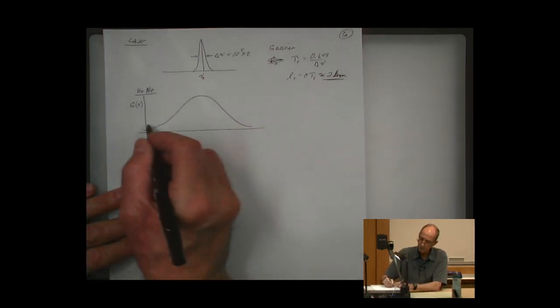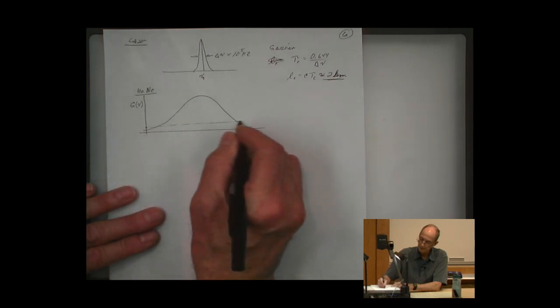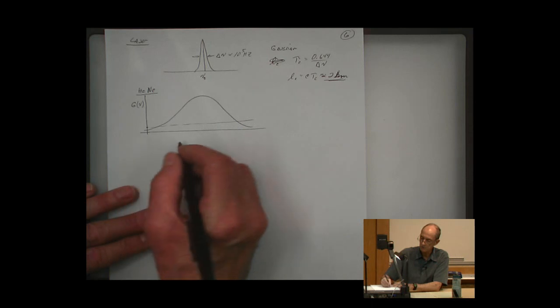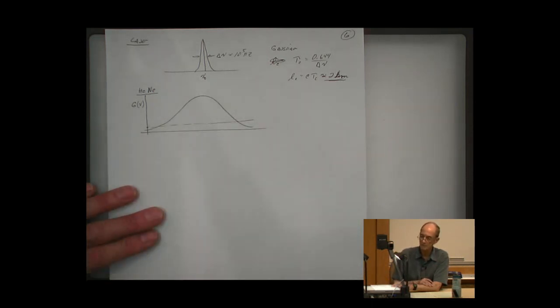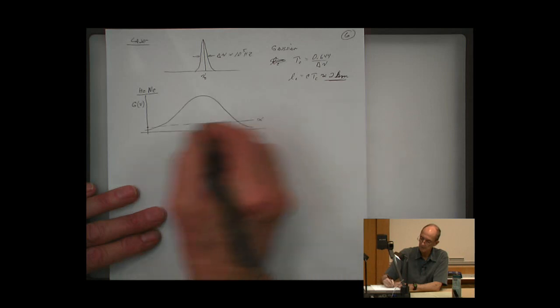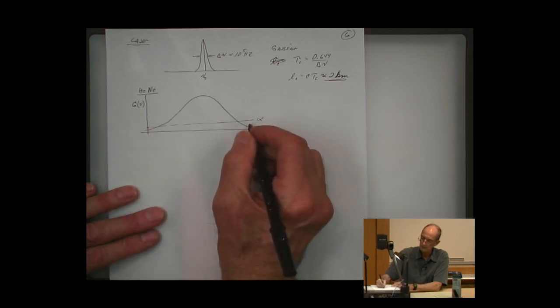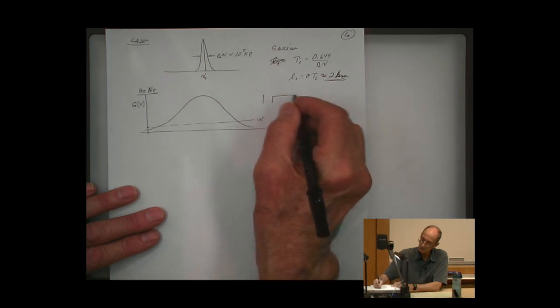And if the oscillations are made to exceed a loss, which is sort of the threshold loss for the lasing operation, so we have some kind of threshold level of loss that we have to exceed.